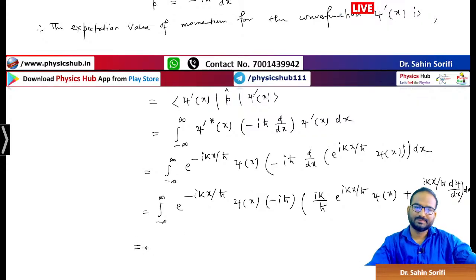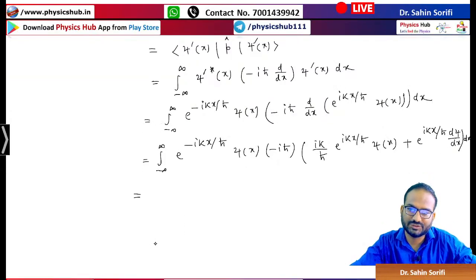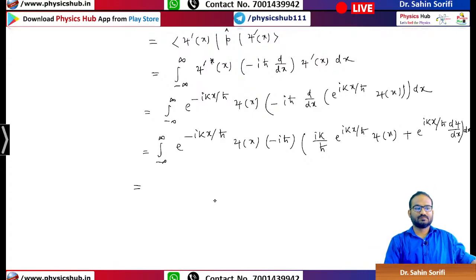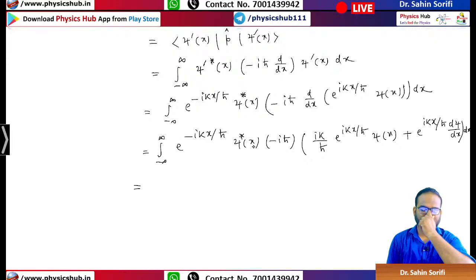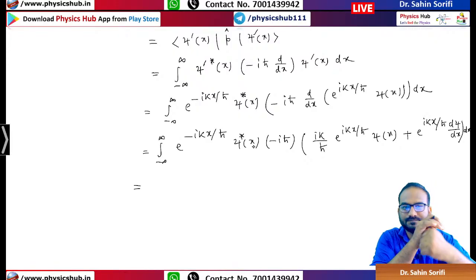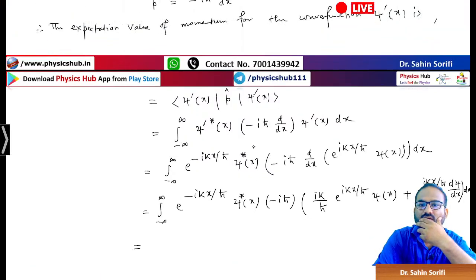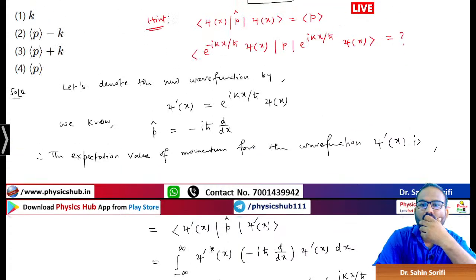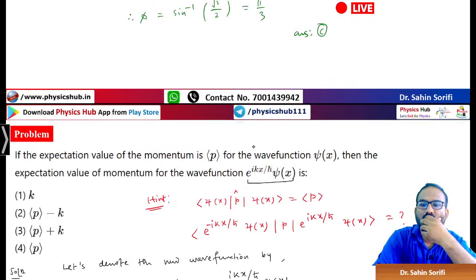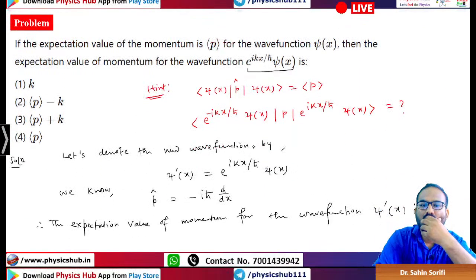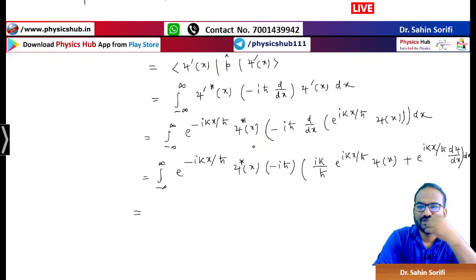This is equal to how much? This will be psi star now. Is it clear till now?